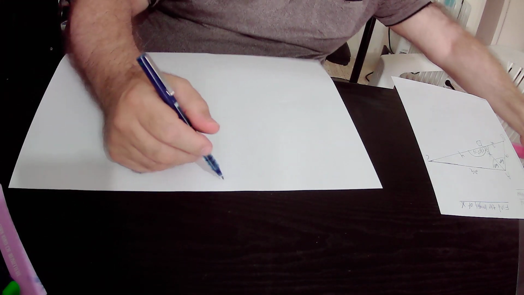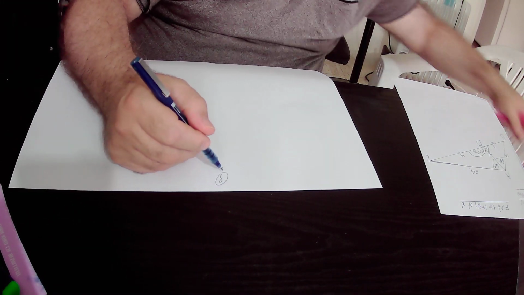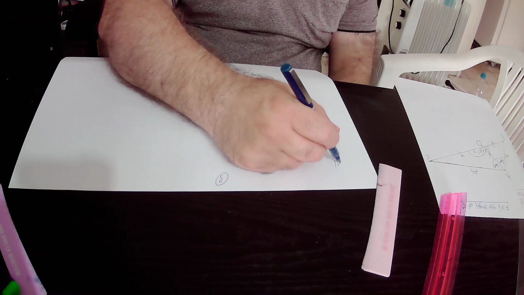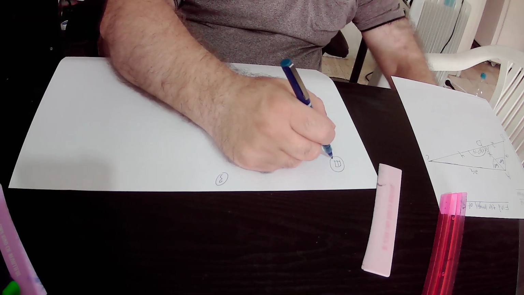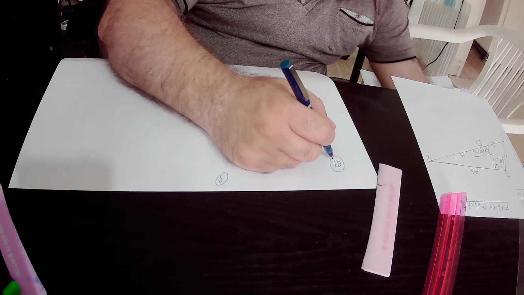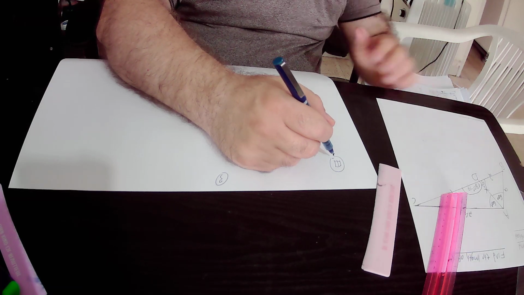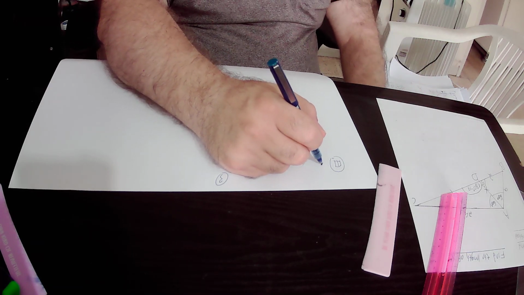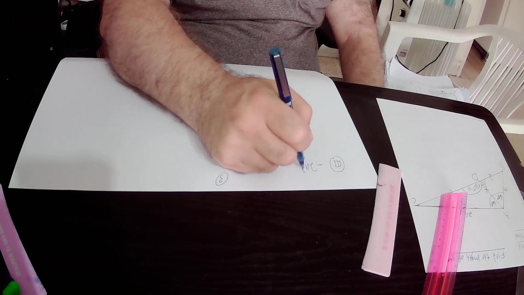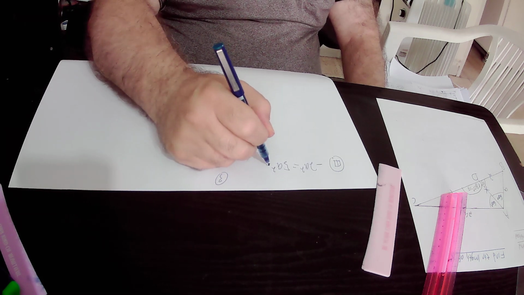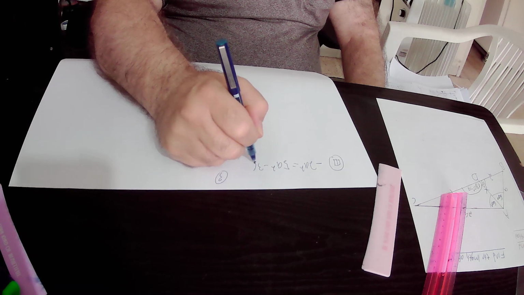So we get that according to equation number 3, minus 2a square equals 5a square minus 36.